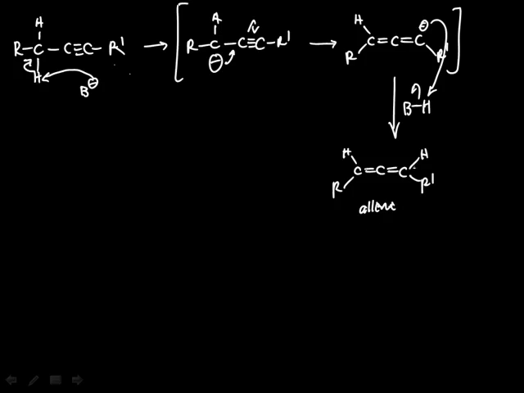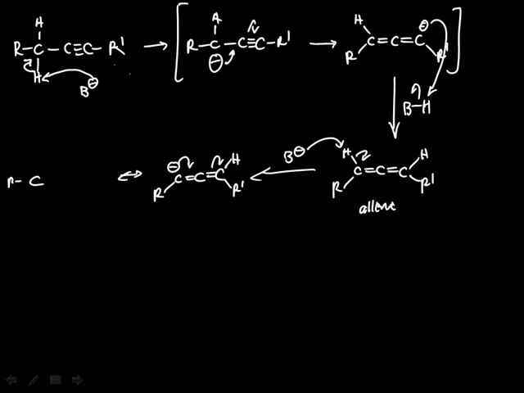If this allene reacts with the base again, we'll get back to the same thing, but we don't necessarily have to do that. The allene can react with the base again to eliminate the other proton, which in this case will give us this thing. And now this again is resonance stabilized anion with these two structures.